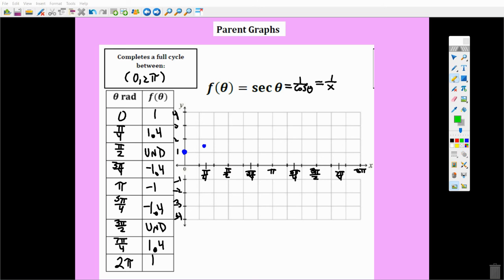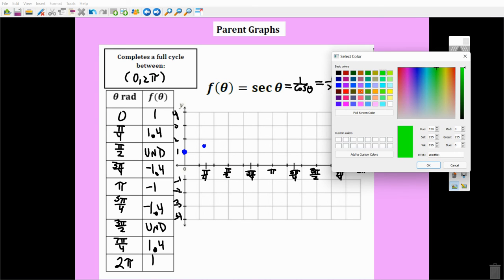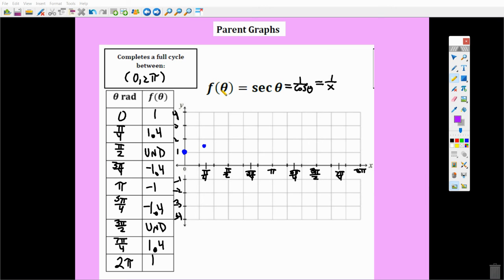So I'm going to go ahead and draw in purple just to keep it consistent. I keep going over the line, but it should be on this line here. All right, and so there it is. And then the next one, we're at 3 pi over 4, which is negative 1.4. So that's about right there.